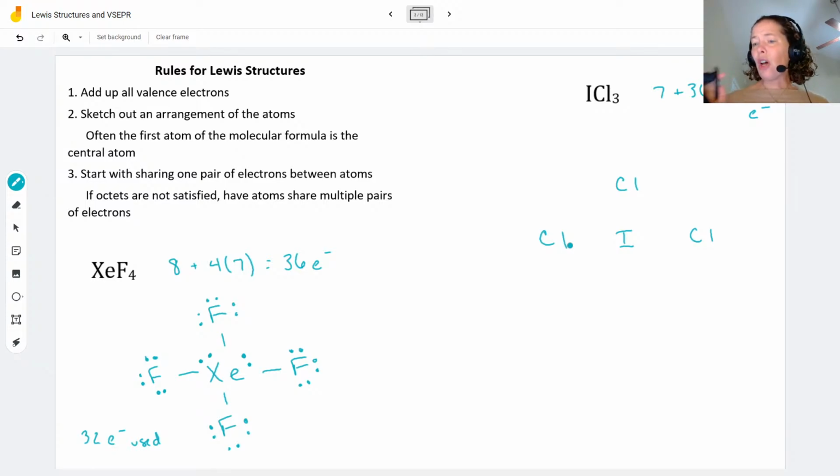Okay. So now that I have my best guess as to what the arrangement is, I'm going to start by sharing 1 pair of electrons. So I'm going to do single bonds between this iodine and those 3 chlorine atoms. So I have used 6 electrons. So I'm just going to start adding electrons in to try and satisfy everybody's octet.